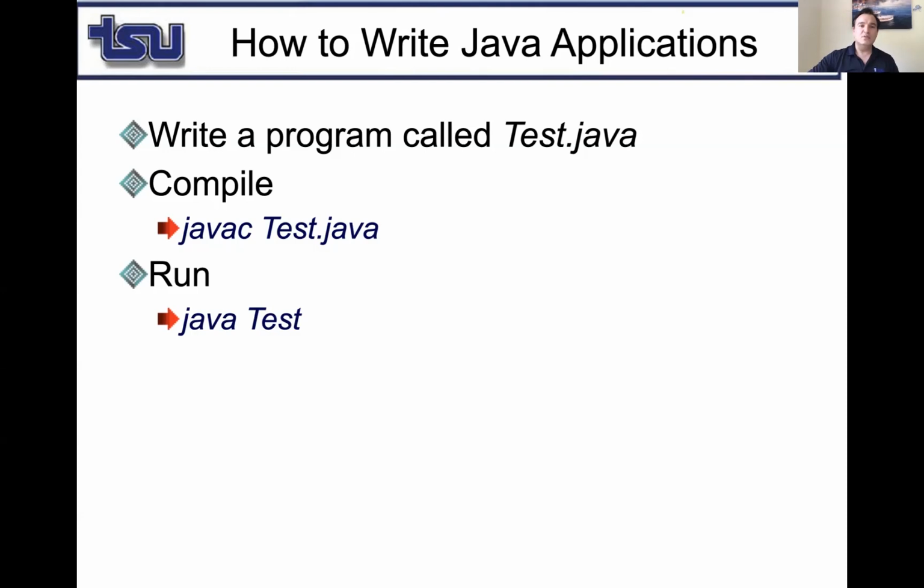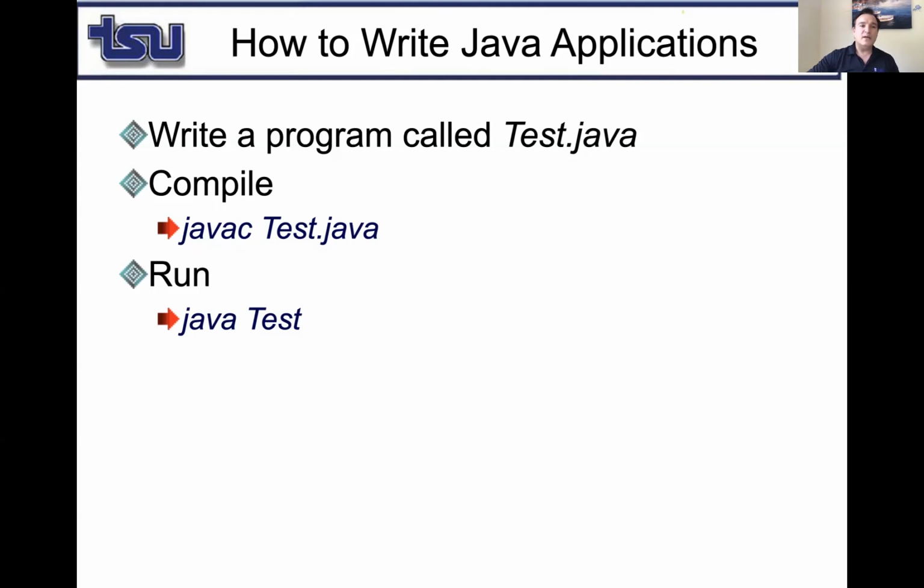I repeat, you first open a text editor. It may be TextEdit in Mac operating system. It may be Notepad in Windows operating system. You're going to write your program, save it with a name.java, and then you're going to compile it. Compiling means checking the syntax of your program.